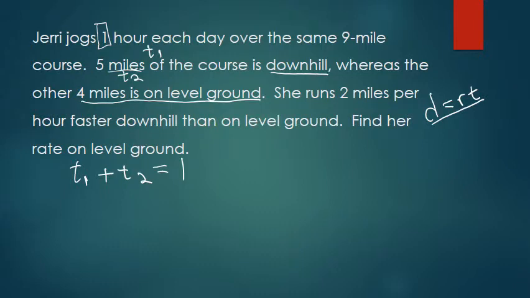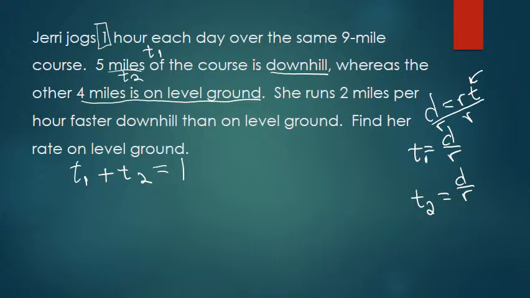Now if I isolate my t, so I divide both sides by r, I get that t equals d over r. Well, I've got T1, and I also have T2, which equals also d over r, although my distance and my rate in each of these cases are not the same, but I'm going to take the information they've given me and plug it into each equation.